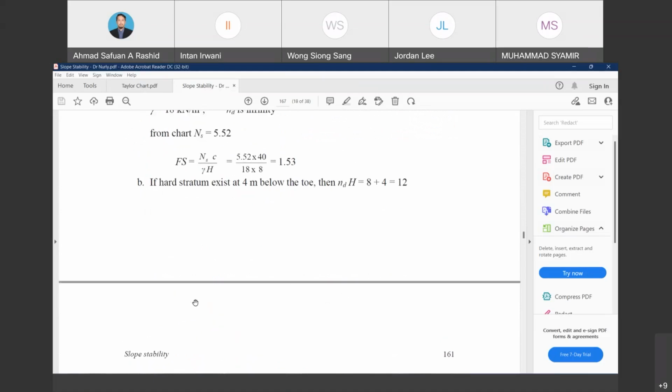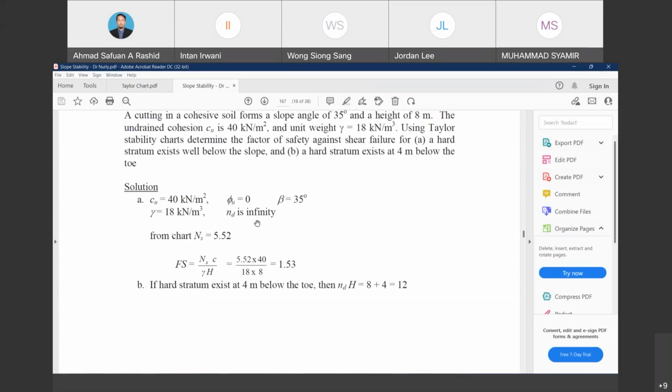But for this case, the author has put ND is equal to infinity. For example, NDH is equal to 8 plus 0, because the hard stratum exists well below the slope.